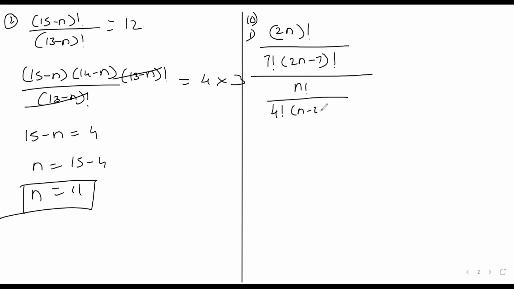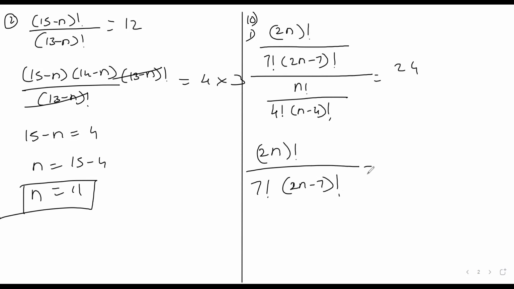4 factorial, n minus 4 factorial is equal to 24 upon 1. I'll write it as equal to 24. We'll cross multiply. This will be 2n factorial, 7 factorial, 2n minus 7 factorial is equal to 24 n factorial, 4 factorial, n minus 4 factorial.